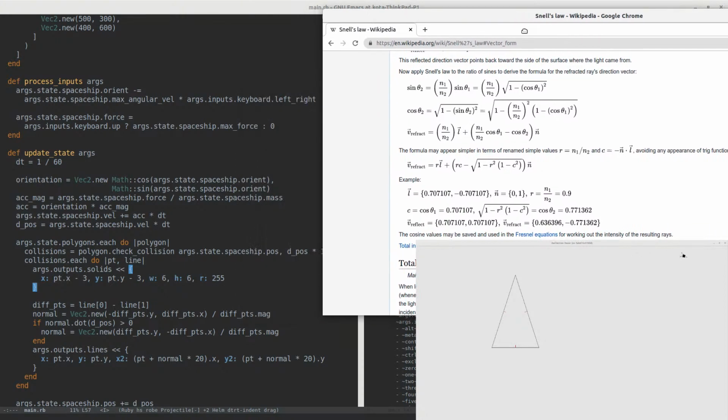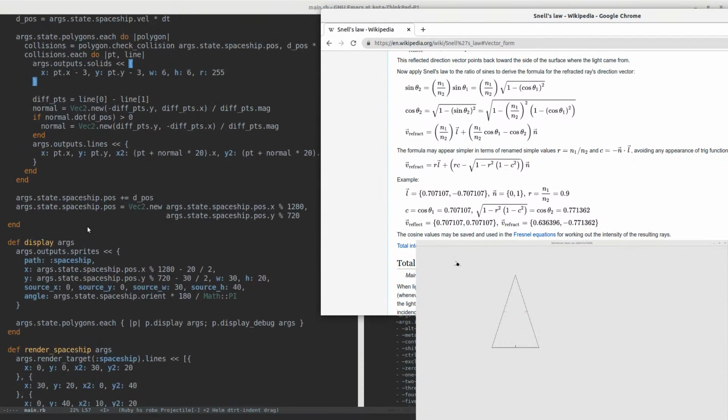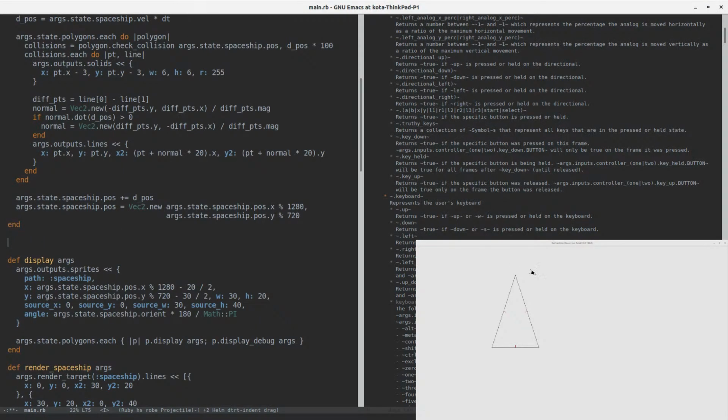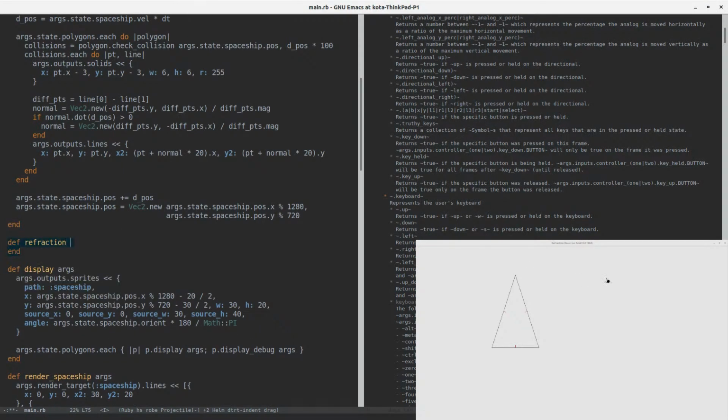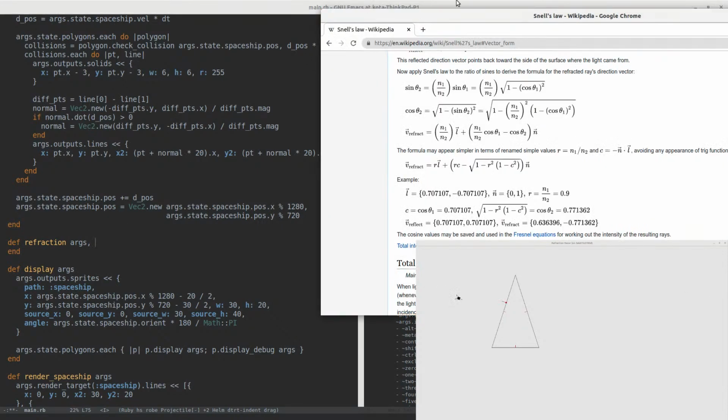So we'll have our refraction args, and we will have our normal vector, and we will have our refraction angle.